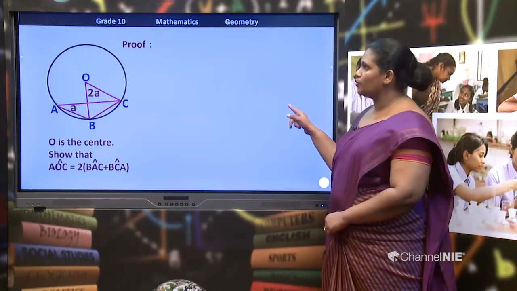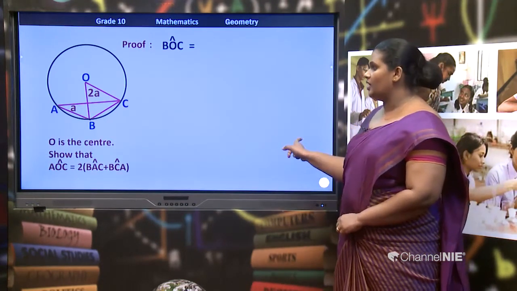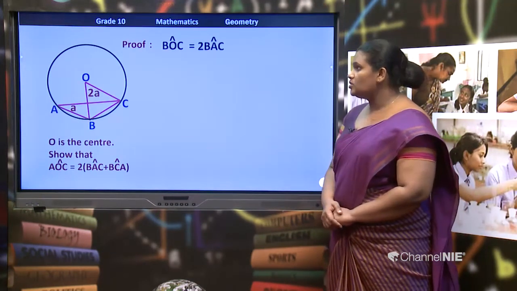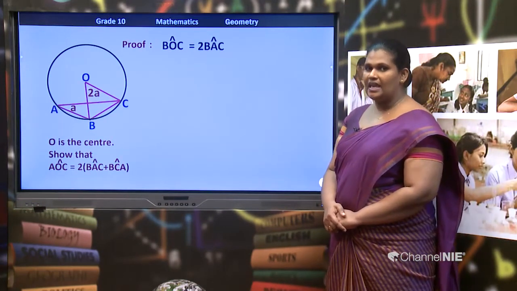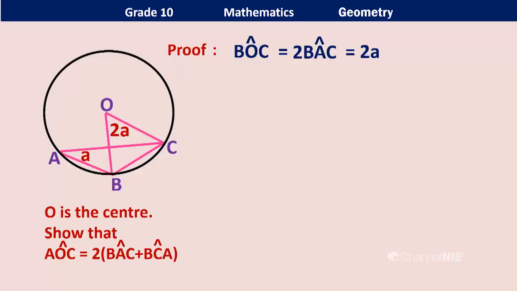Now, we can write the proof as angle BOC is equal to twice of angle BAC. There also we have to mention the reason. Before that, we have to mention the amount we have used using the letters. So, that is 2A. So, we will write the reason.